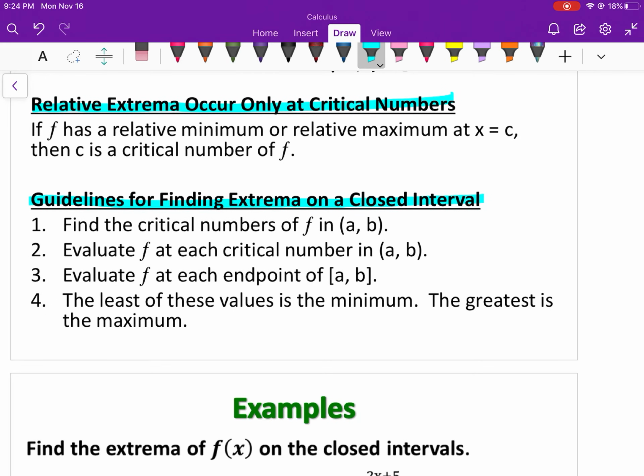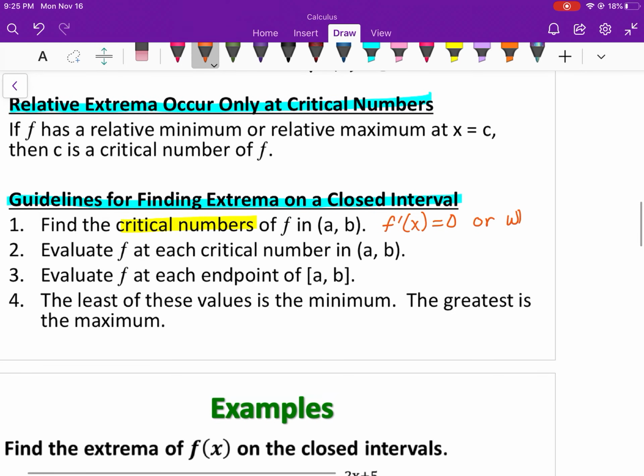So we'll follow these steps. We're going to find our critical numbers. Again, that means you're setting f prime equal to 0, or you're finding out when is f prime of x undefined.